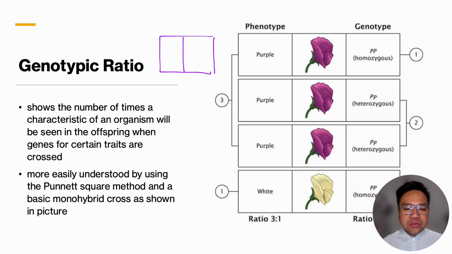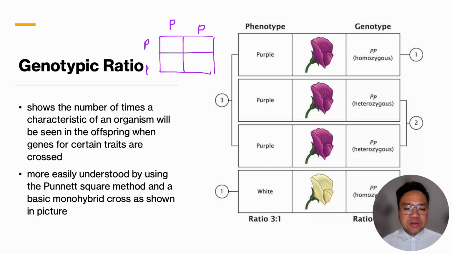We are going to use heterozygous parents for the color of the flower, as the one that you see here in the picture. So here are the alleles for the parents, capital P, lowercase p.